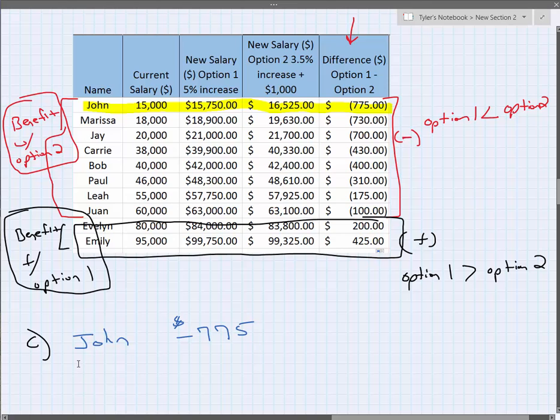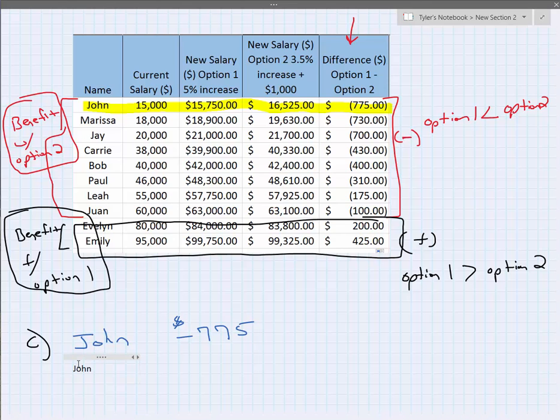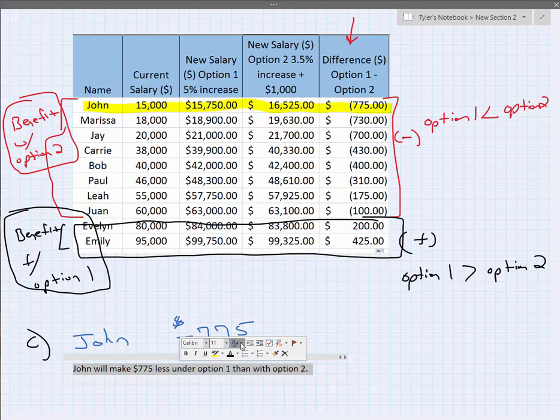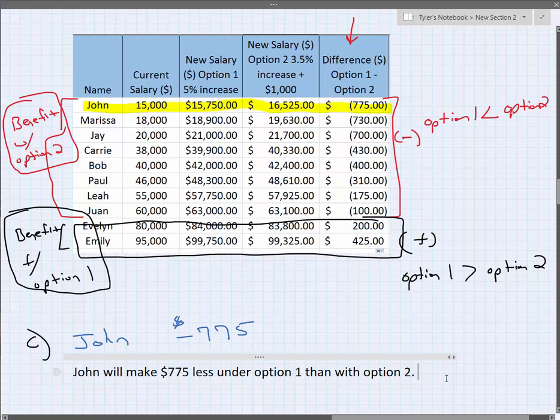So we could say that John will make $775 less under option 1 than with option 2. That's essentially what that means. And I can make this a little bigger if you'd like.